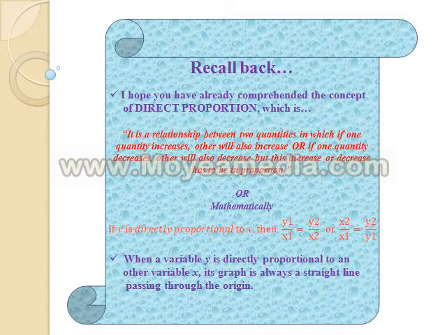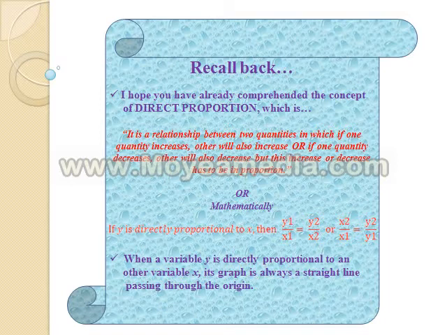One more thing we have already studied is that if the two variables y and x are directly proportional, and you draw this relationship on graph paper, you will always get a straight line, which must be passing through the origin.